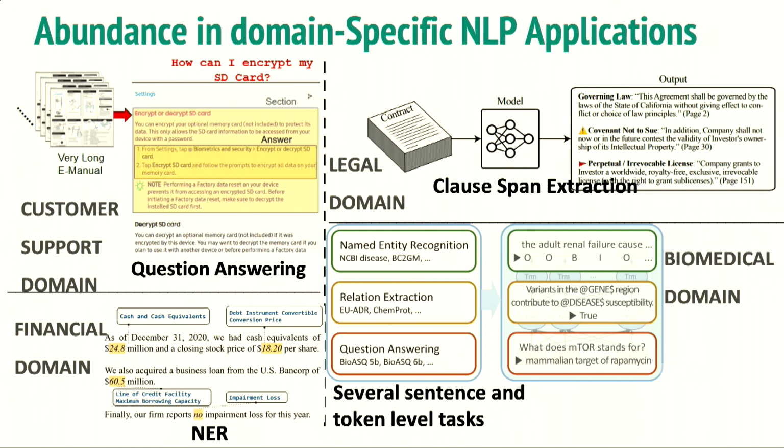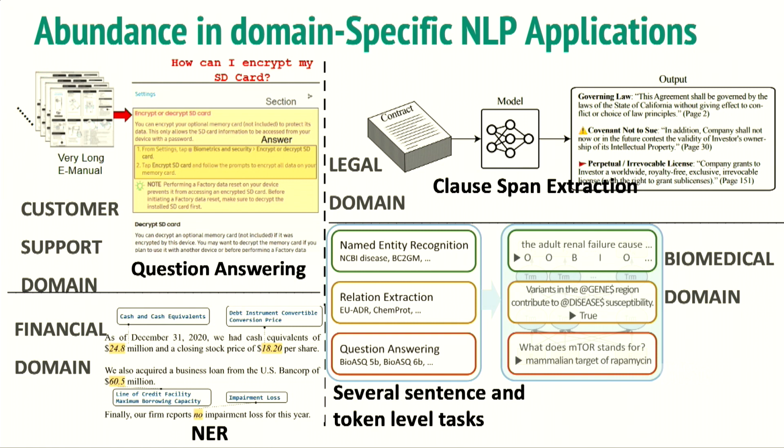This is a task many times we call named entity recognition. So you are trying to understand the name of an entity, something like this. Or if you think of the legal domain, we want to do clause span extraction, that is, exactly which clause and the span of which clause will help you.